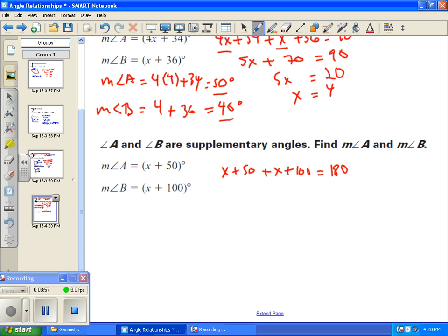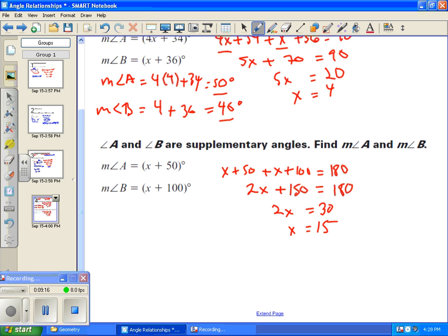So gather like terms. So we have 2x plus 150 equals 180. So subtract 150 from both sides. So we have x equals 15.